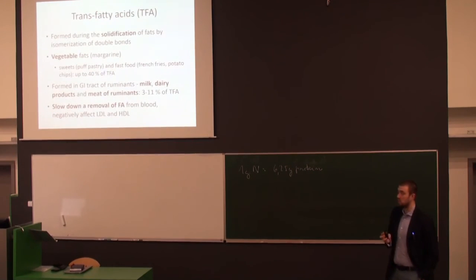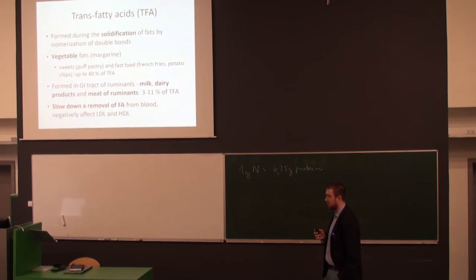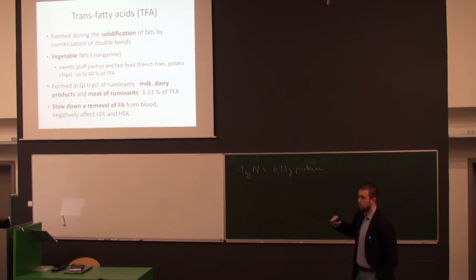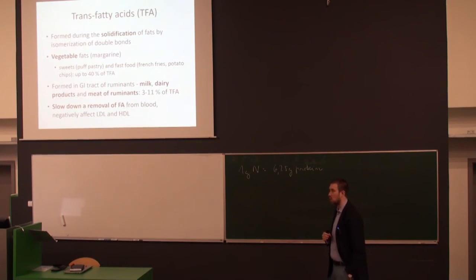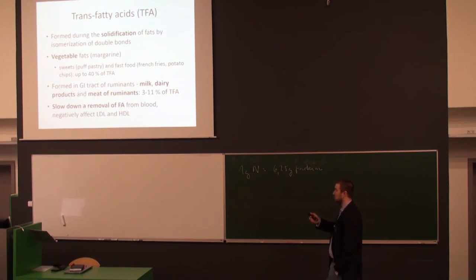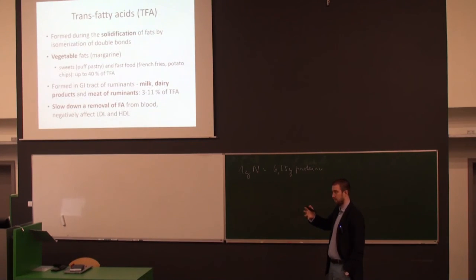The last are those that we call trans fat. As you know, typically the fatty acids have the double bond in the cis conformation. That's the conformation that's produced inside our body. If you apply high temperature to these double bonds, or if you do the process of solidification of liquid fats, you can isomerize these double bonds to the trans position.